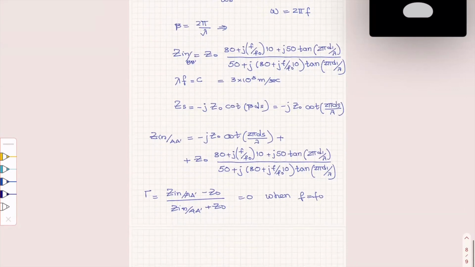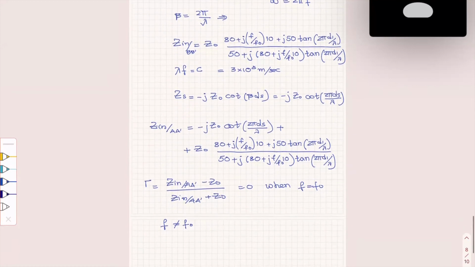But when F becomes different than F naught, then practically that changes. All right. And what I wanted to do in the problem is to plot that. So go to the computer and plot it.